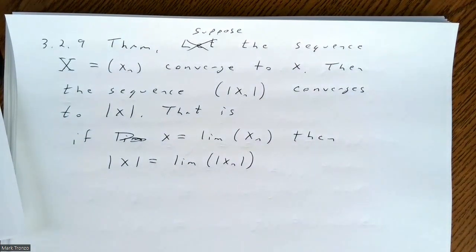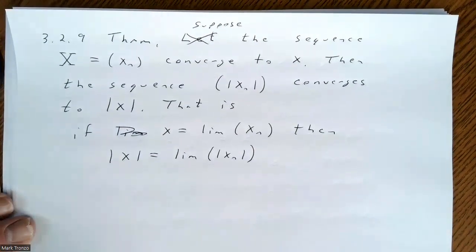So if the limit of the sequence exists and converges to X, then the limit of the absolute values of the members also converges. They converge to the absolute value of X.